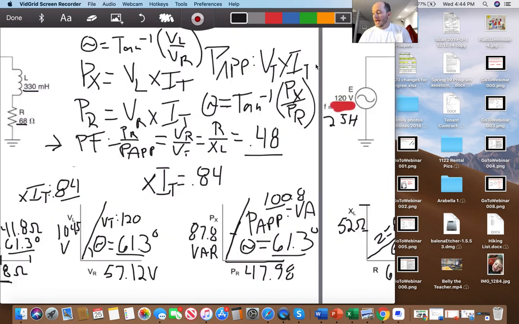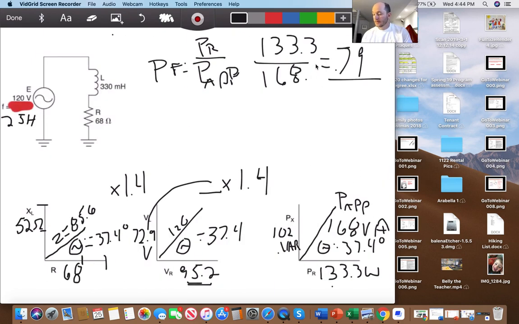So you can see, as it is more resistive, the relationship between my true power and my apparent power has increased.